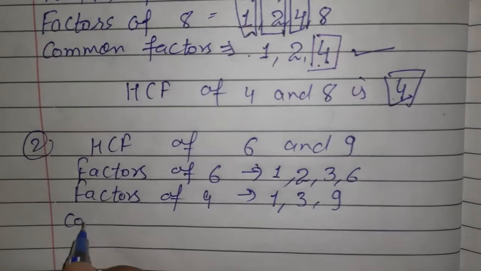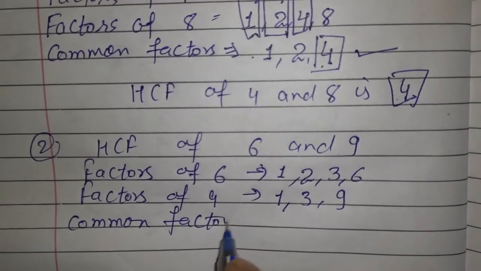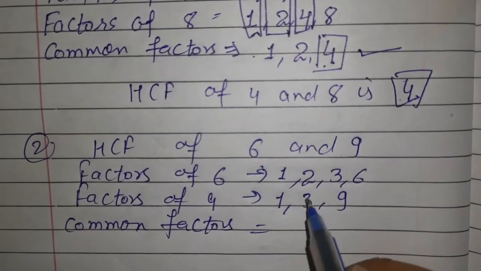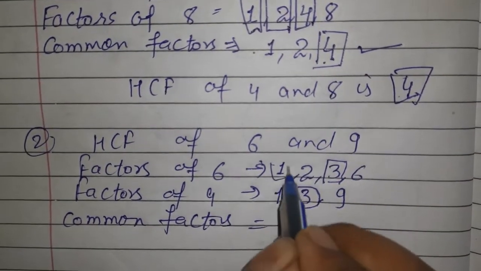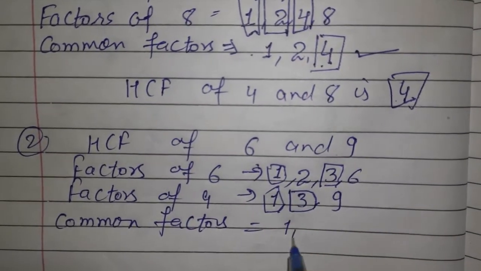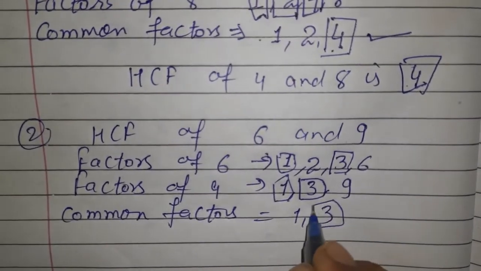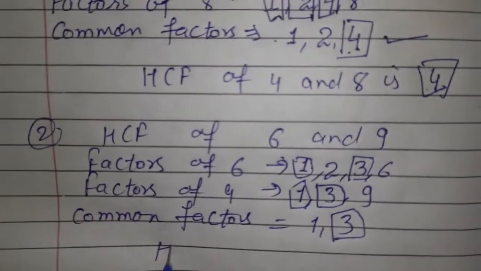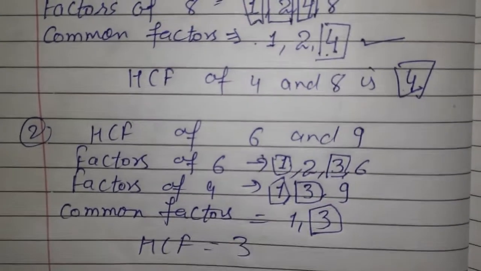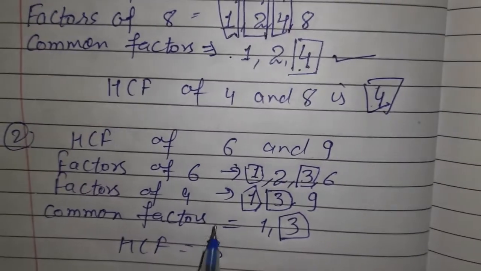Now what are the common factors? This 3 is in both, and this is 1. So 1 and 3 only. Which one is the highest factor? 3 is the highest. So its HCF is 3. This way you find the HCF of any given numbers.